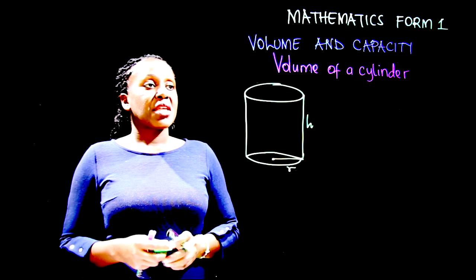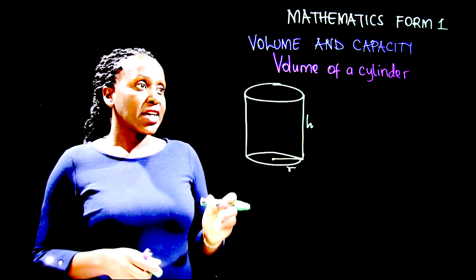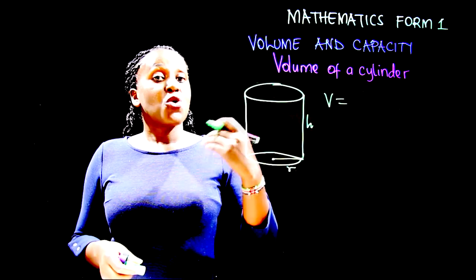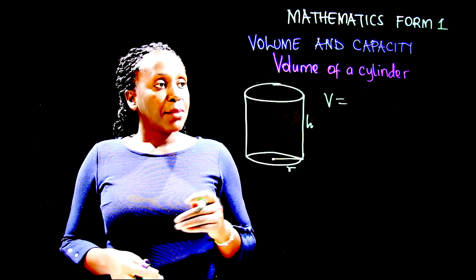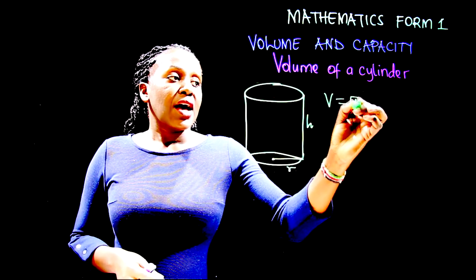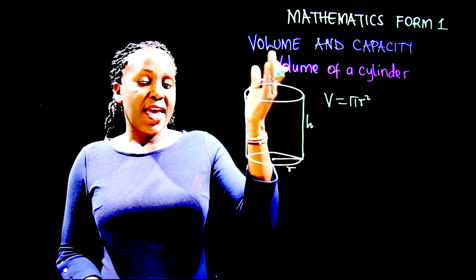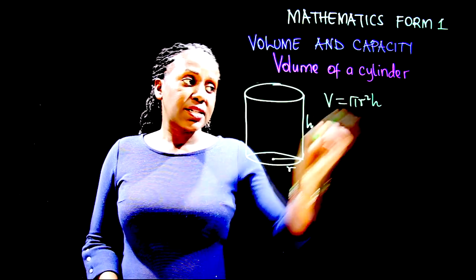So when you want to determine the volume that is occupied by this cylinder, you will take the area of the bottom surface, which is circular, and we know that the area of a circle is given by pi r squared, and then you multiply by how high the cylinder goes. So you multiply by height.